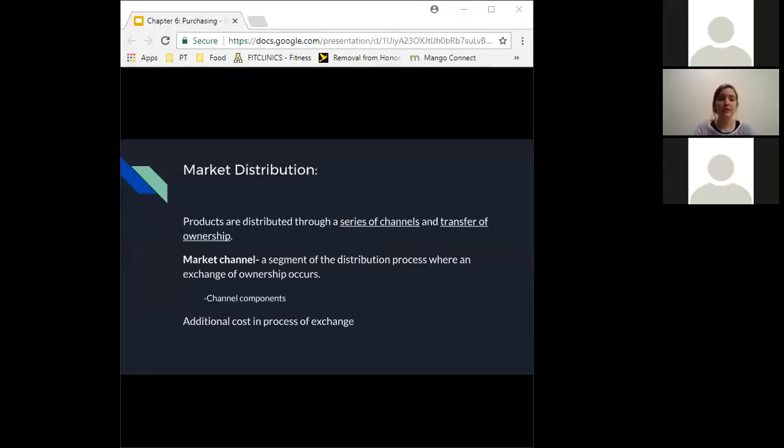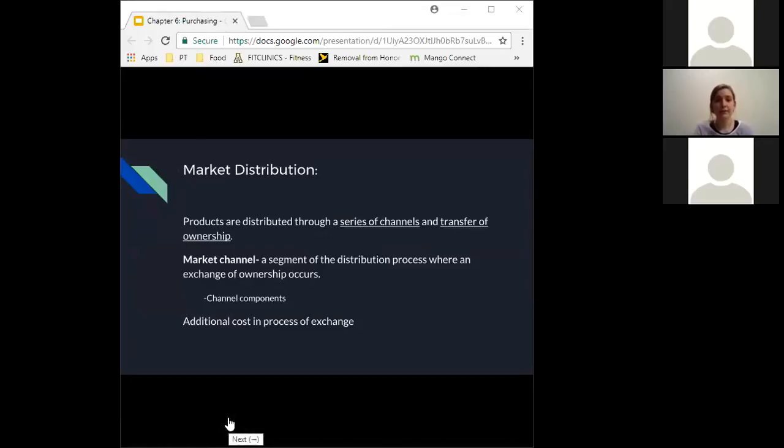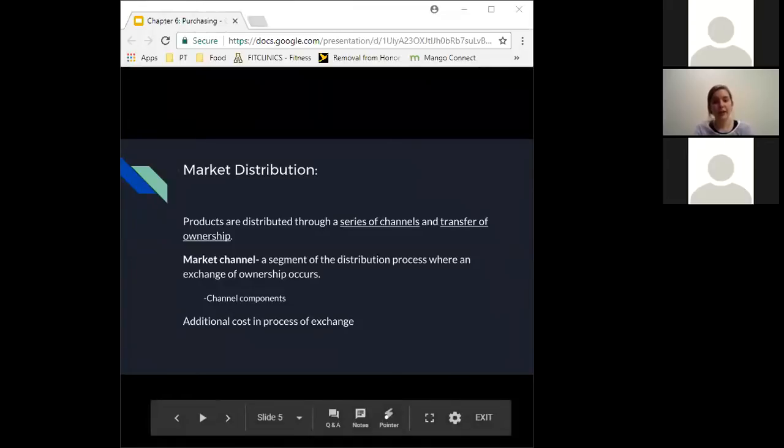A market channel's components include growing, harvesting, storage, processing, manufacturing, transportation, packaging, and distribution. For example, a farmer who grows corn will sell the post-harvest product to a mill where the corn is processed into corn meal. This farmer-to-mill exchange is an example of a channel.